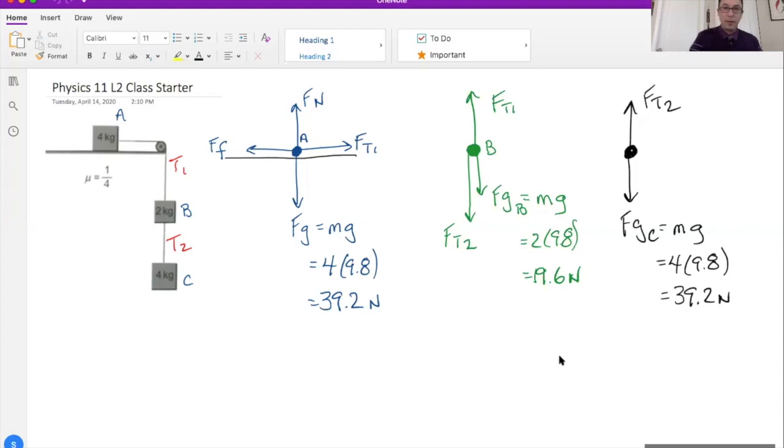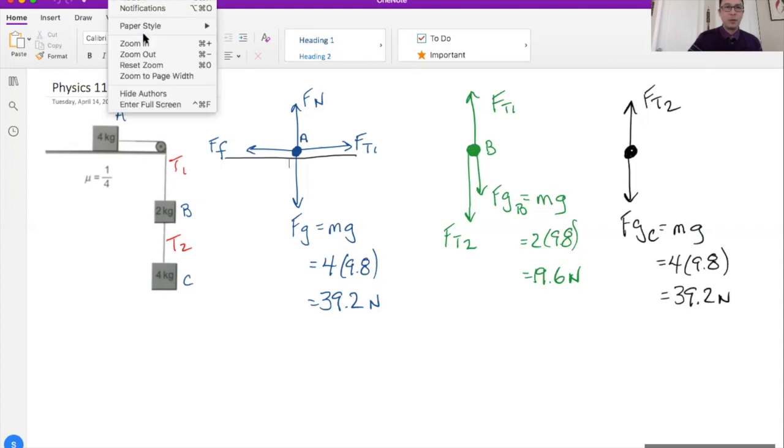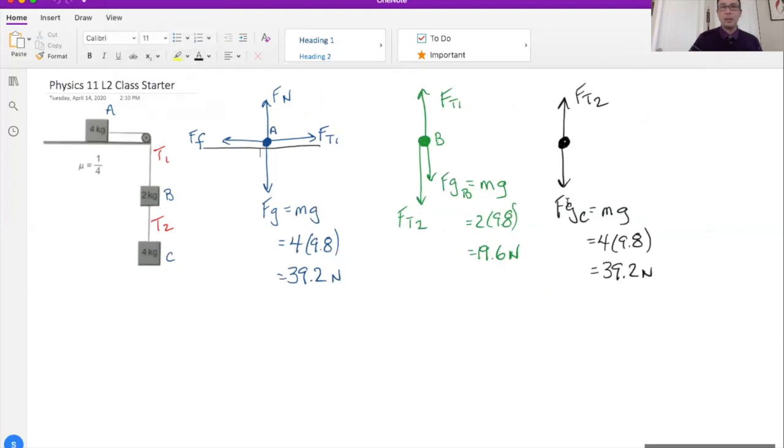Now, the 3 free body diagrams that you can see here, I'm just going to reduce my size just a little bit so you can actually see the third one. In the first one here, you have 4 forces acting on this 4 kilogram object.